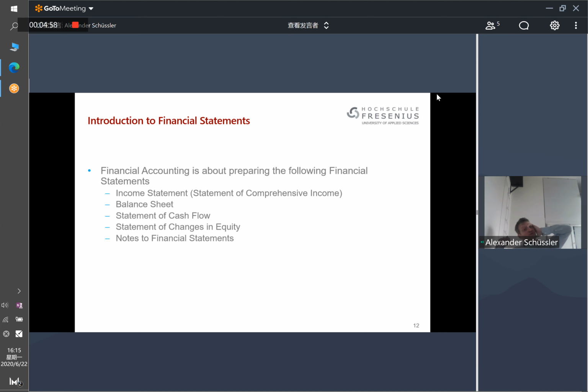Financial accounting is about preparing the following financial statements. The income statement is, as I said, about revenues and expenses. We also have the statement of comprehensive income, which, as the word says, is a more comprehensive income. It's not only the net income, which is the earnings of a company, but also additional income.